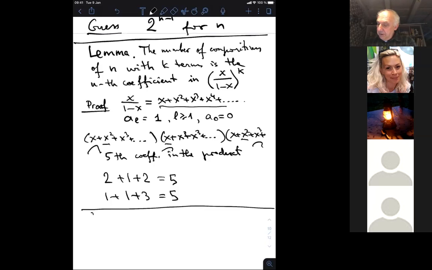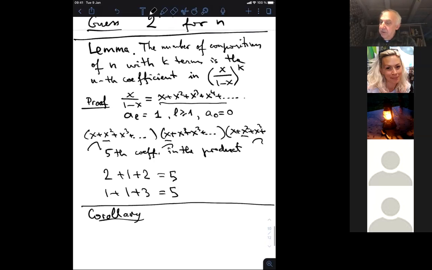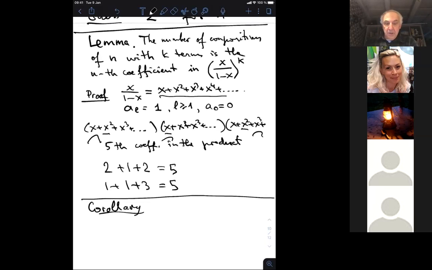So the corollary would be that if we take the sum over k from 1 to infinity of x divided by 1 minus x to the power k, let me denote this power series as, say, capital F of x.